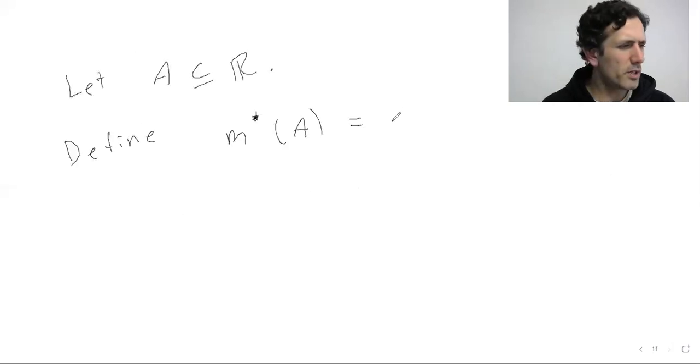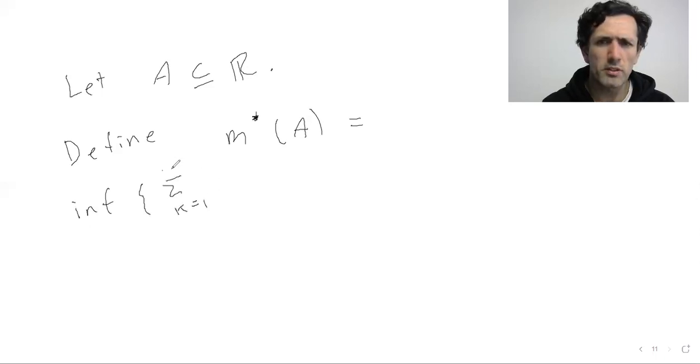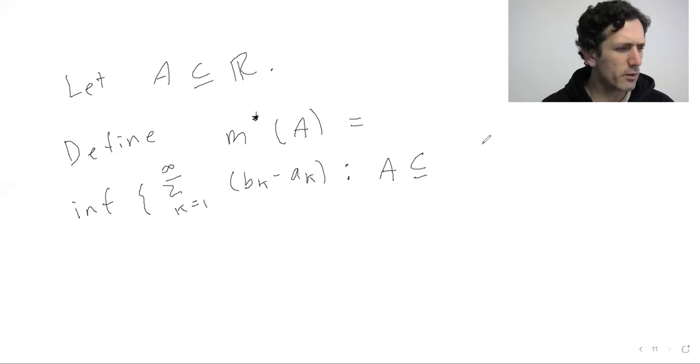So M star, what is this? It's actually not a very subtle definition. I'll write the definition down and then explain in words what it is. Actually, I think it's worthwhile for you to write it down too. So this is the formal definition. It's the infimum of all these numbers here.